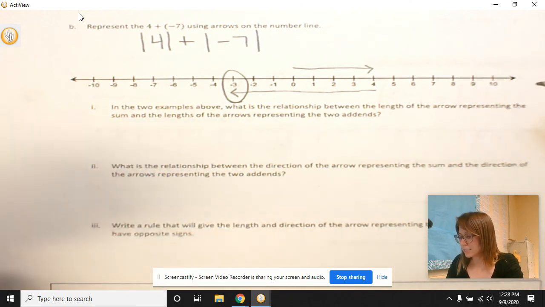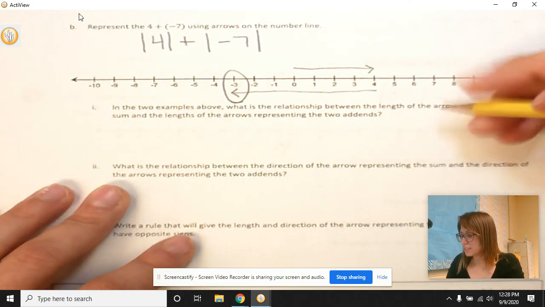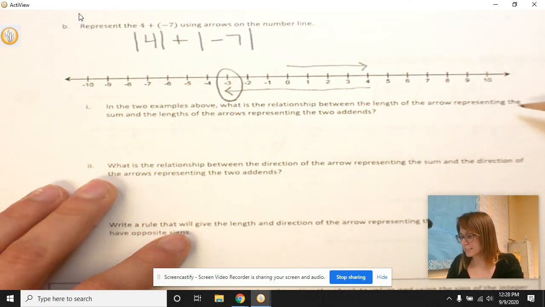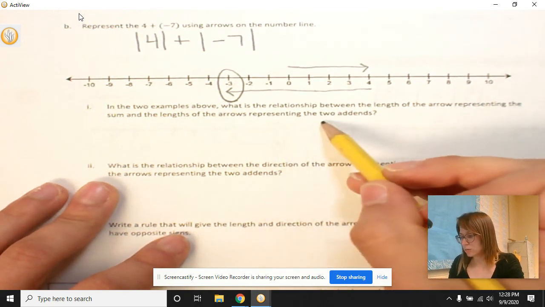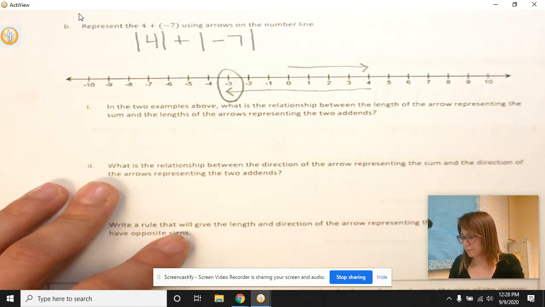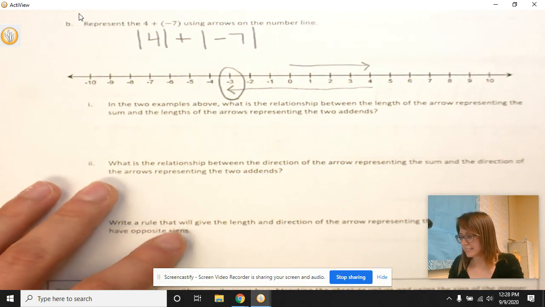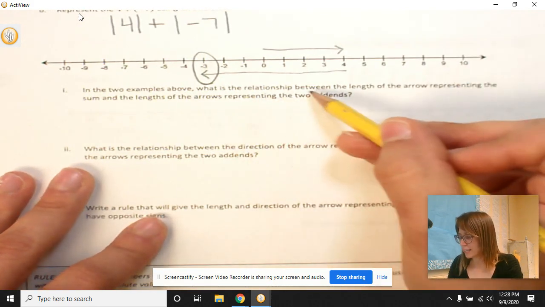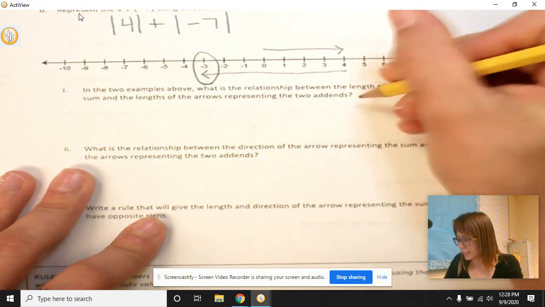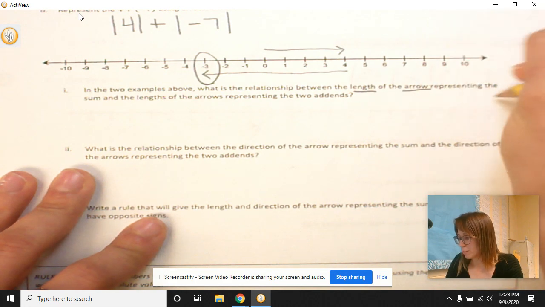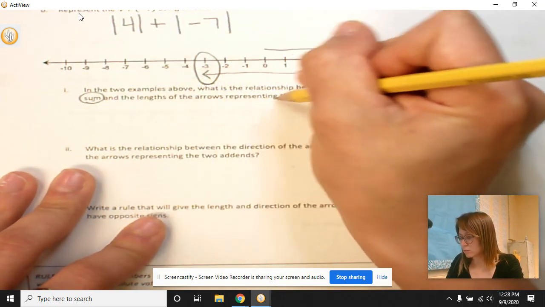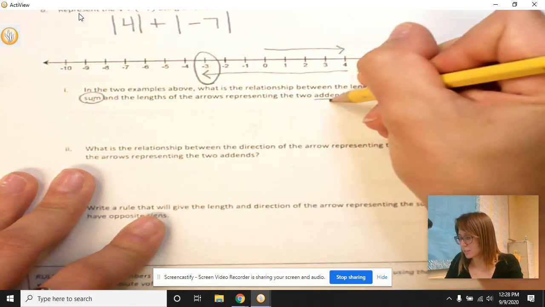So in these examples above, what is the relationship between the length of the arrow representing the sum and the lengths of the arrows representing the two addends? So let's break this down right here. This is a bit vocabulary heavy. What is the relationship between the length of the arrow representing the sum and the lengths of the arrows representing the two addends?